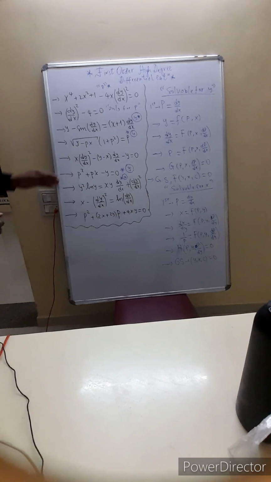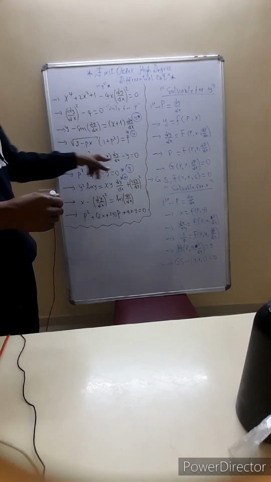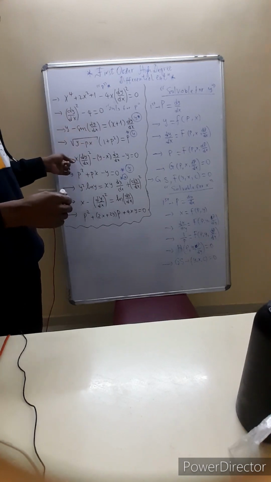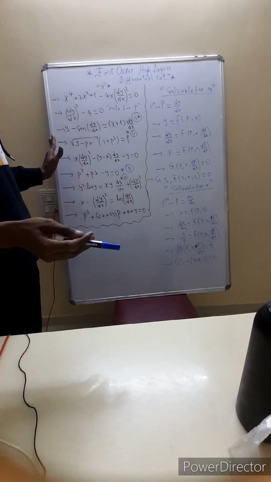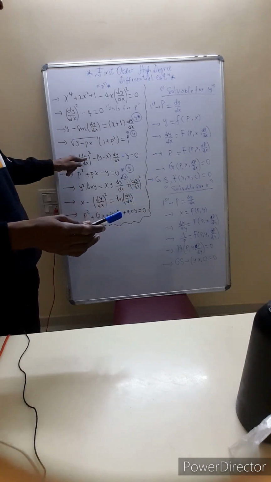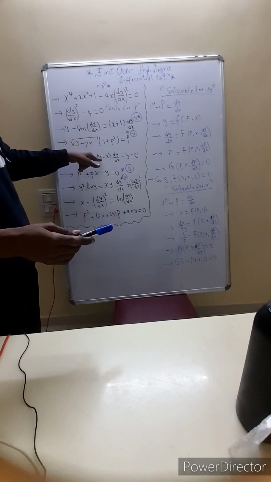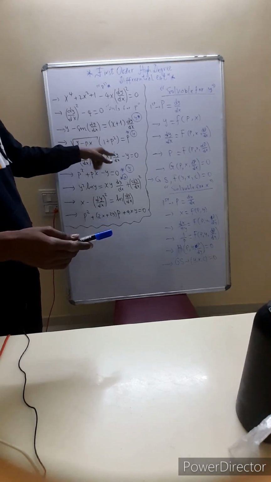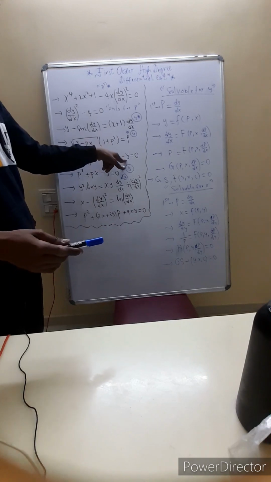Okay, so let's go again. Here, as I said, you can solve for x, or you can solve for y. But see, as I told you, x is linked to this one. Here also you can see y and x are all linked, but this y is separated.